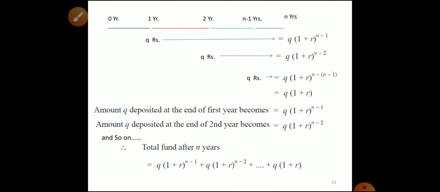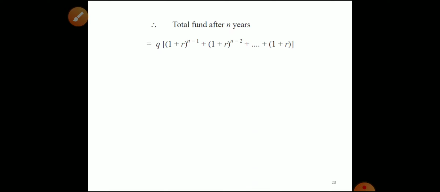So we'll go on adding the fund collected. So Q is the common. We can find out the total fund after n years, same as I have carried out on the present slide from the previous slide.